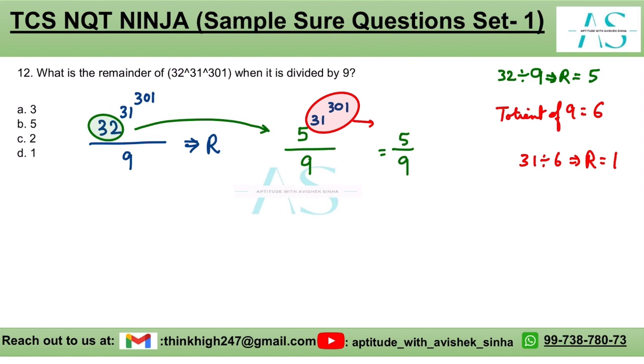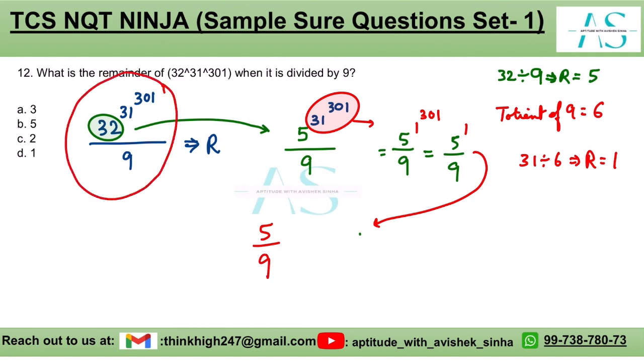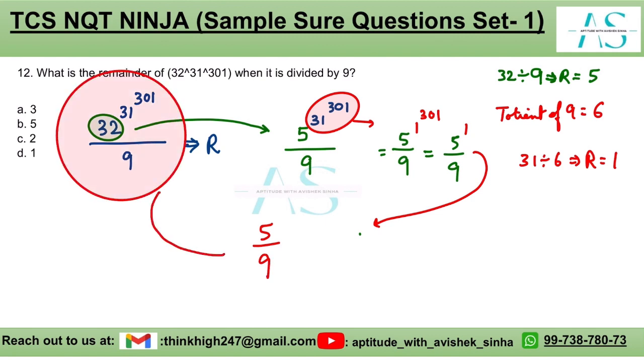And since we have got the remainder as 1, so 31 is 1 to the power 301, which can be further written as 5 by 9, and 1 to the power any value we can write as 1. So ultimately this is 5 upon 9. What is 5 upon 9? This whole value can be broken down as 5 upon 9.